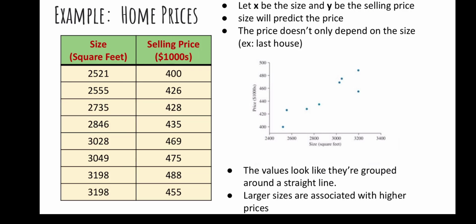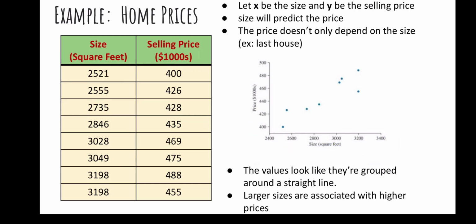So this is what it looks like in graph form. Let's notice a couple things. x is the size, the independent variable, and y is the price. The x value, which is size, will predict the price. So that's where the predictor variable comes in.